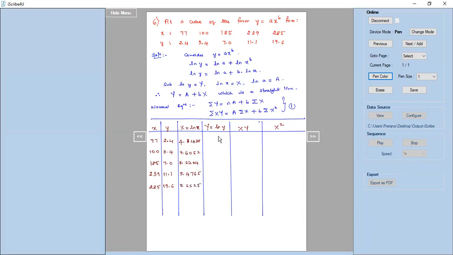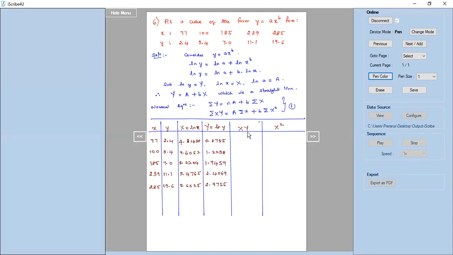The next column is capital Y, which is ln y. So ln of 2.4, ln 3.4, etc., we have to find out, which gives us 0.8755, 1.2238, followed by 1.9459, 2.4069, and lastly 2.9755.